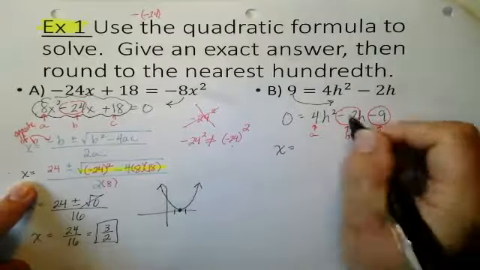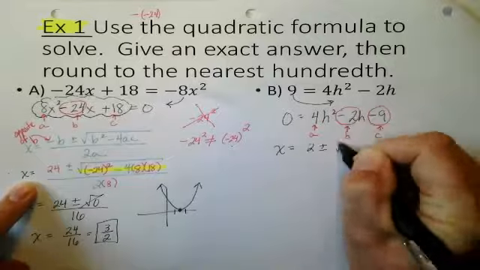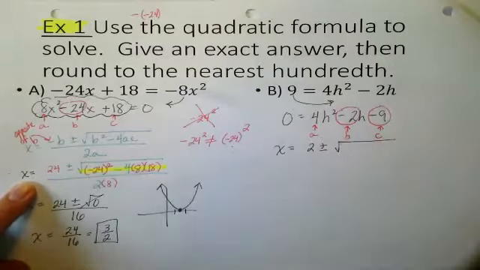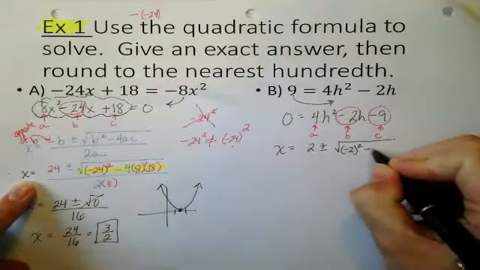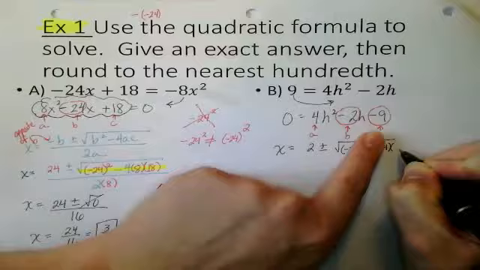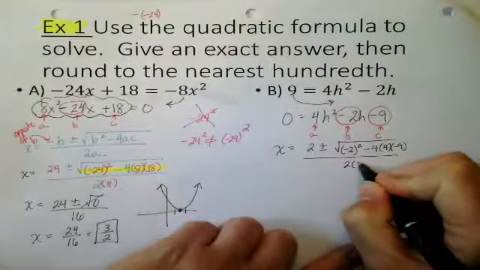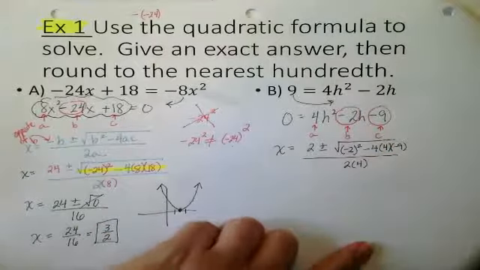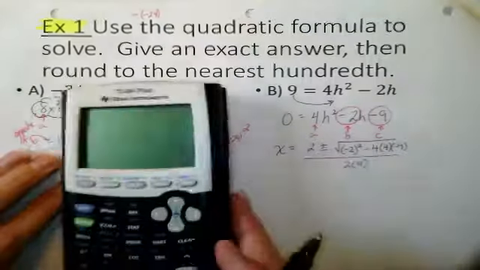So the opposite of b is going to be positive 2 plus or minus the square root of b squared. That would be negative 2 quantity squared minus 4 times the a value of 4 times the c value of negative 9, all divided by 2 times a, 2 times 4. Again, I'm going to put everything under the radical in my calculator. I'm going to grab my other calculator now.